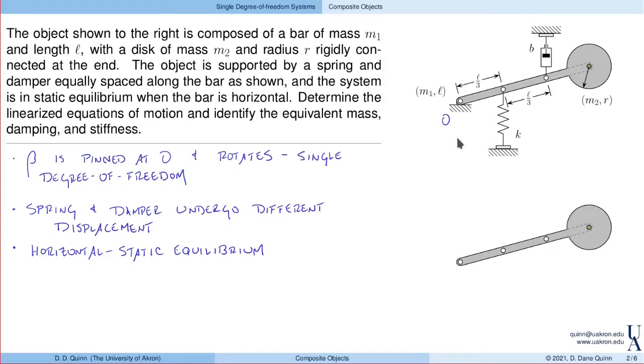In that case, we couldn't neglect gravity, because gravity provided a restoring moment on the bar. So the moment produced by gravity was not constant. However, in this case, because the bar is horizontal in the static equilibrium position, when we linearize, we'll find that the moment produced by that force is also constant. So again, constant forces, constant moments, and constant forcing for the equations of motion can be eliminated when measured from static equilibrium.